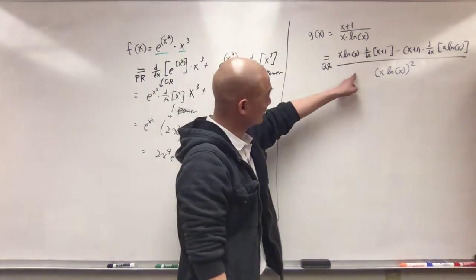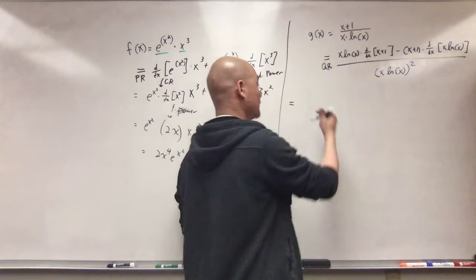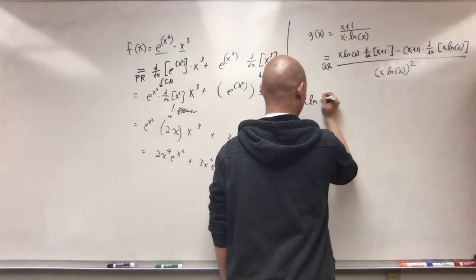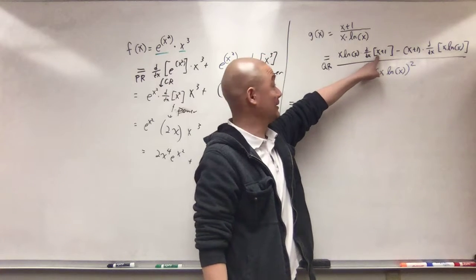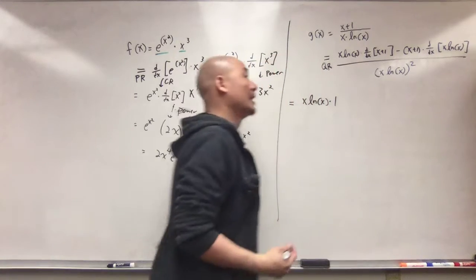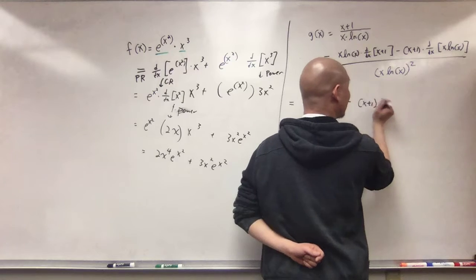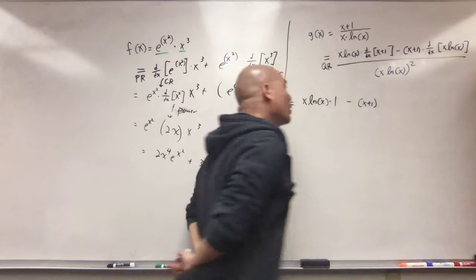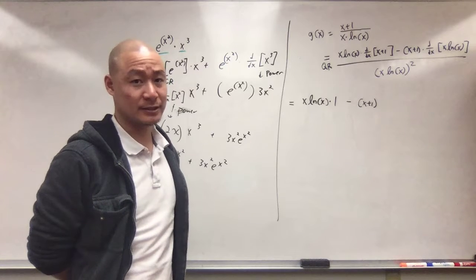Then I look at that and I say, all right, the derivative of x plus 1, do I know what that is? Yes, it's 1, right? So I just times 1, and I'll leave that alone. Minus x plus 1.